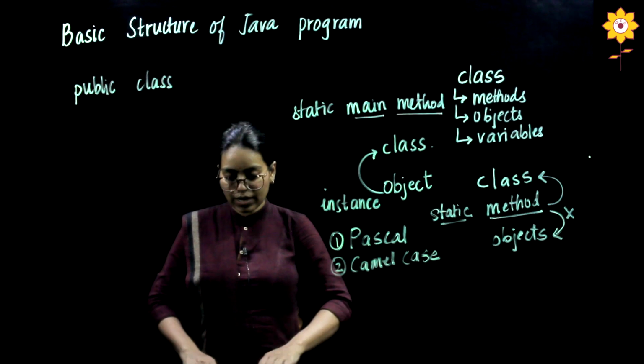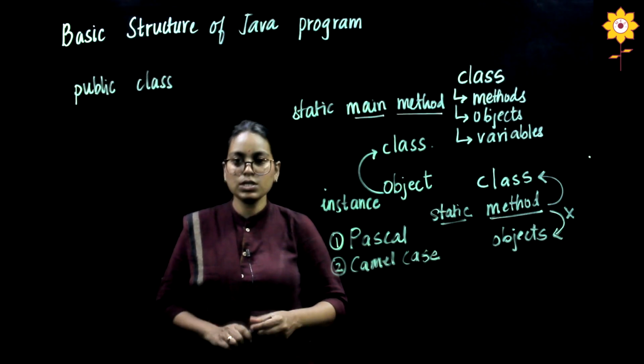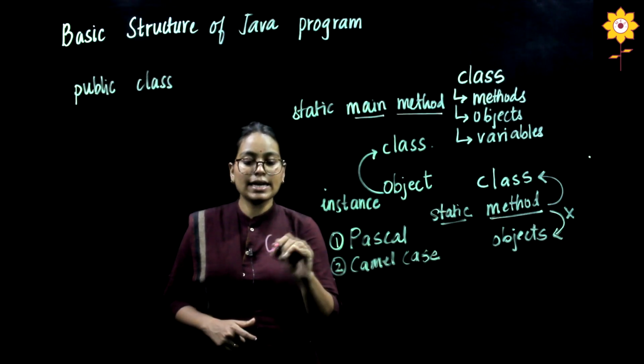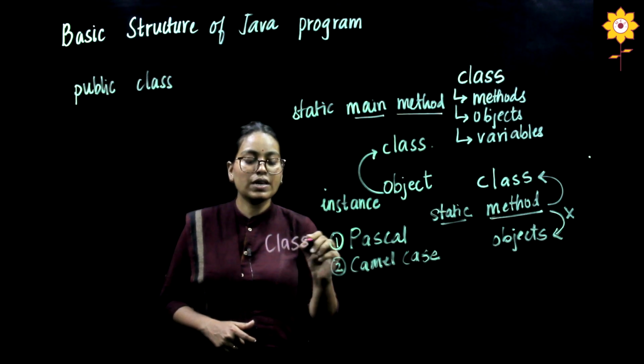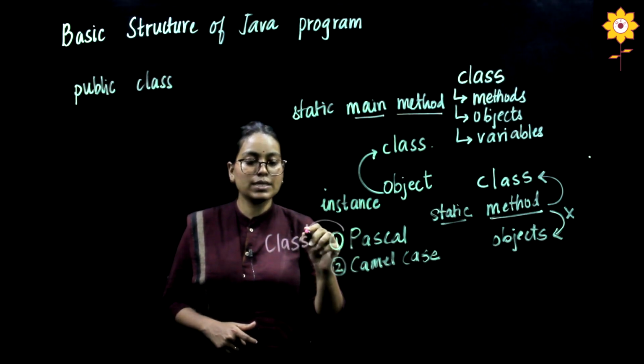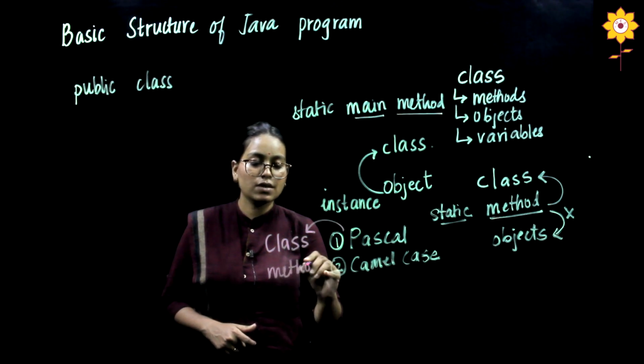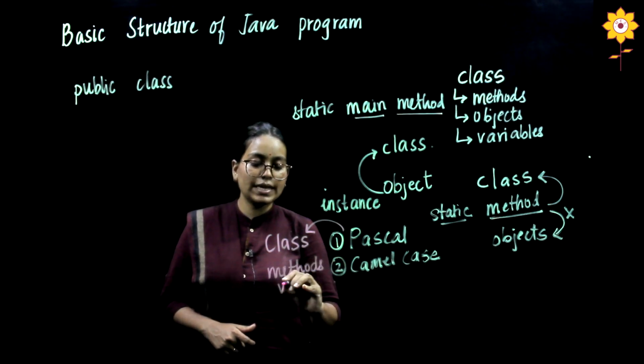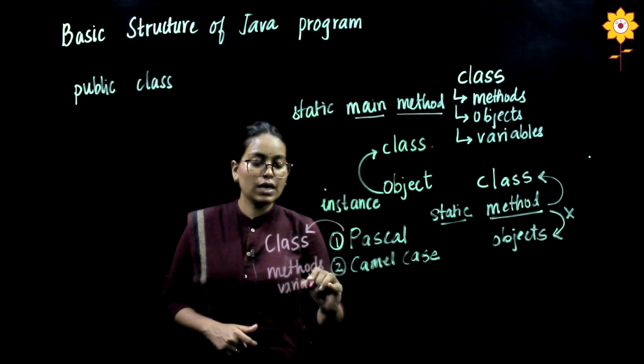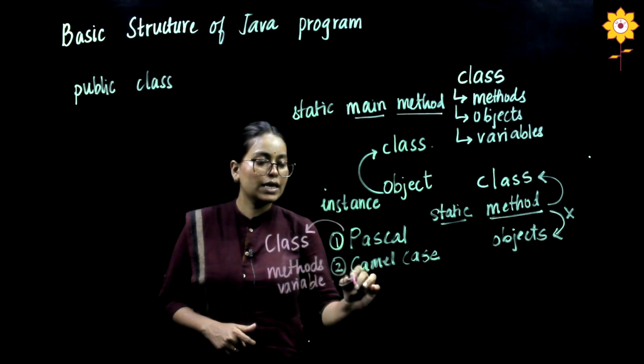So Pascal's naming convention is basically used when we are creating classes. Okay, when we create a class, we follow Pascal's naming convention. When we are creating methods, okay, and variables, we will be following the camel case.